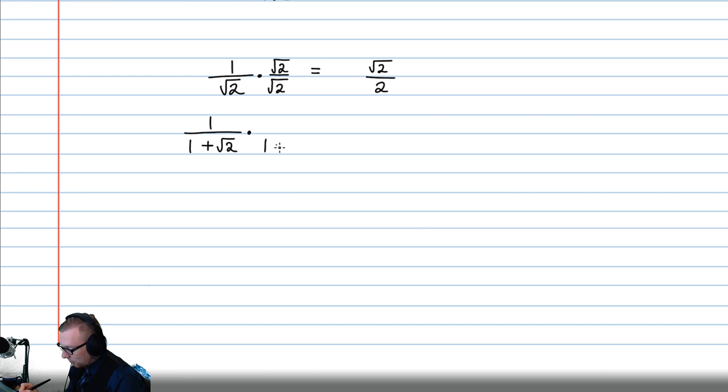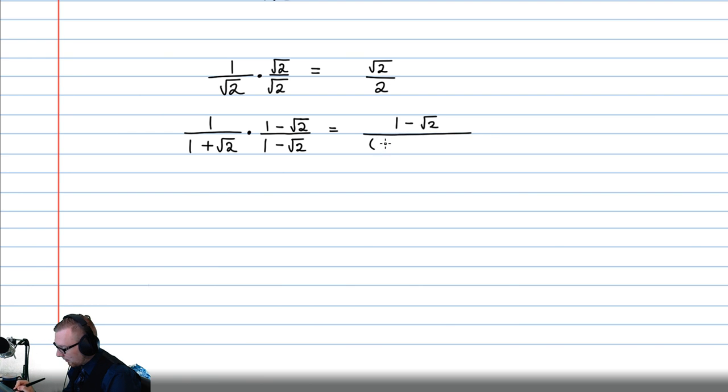So this time we will multiply by what's called the conjugate on the top and bottom. And really, the simple way of thinking about it is the same thing, but just change the sign. Okay. So now, when you multiply it out, the top is going to be 1 minus root 2.